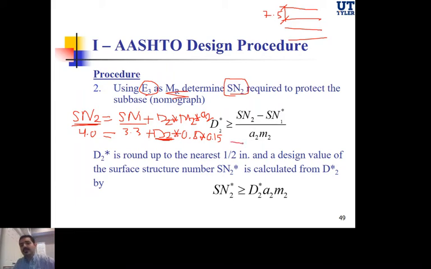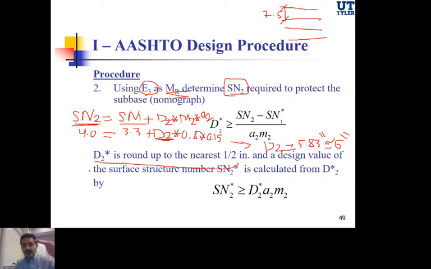Please do the calculation. You're going to arrive that D2 is equal to 5.83 inches. Again, similar to what we did for step 1, I need to round D2 to the nearest half an inch. So that 5.83 is going to be rounded to 6 inches. Once I have now 6 inches, I need to revise SN2.